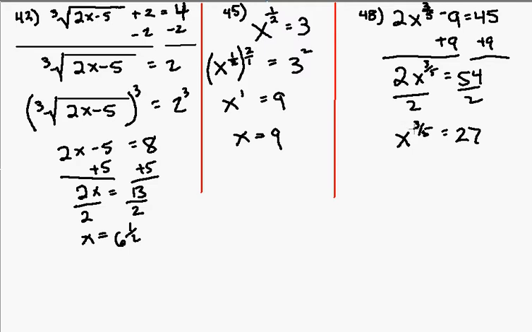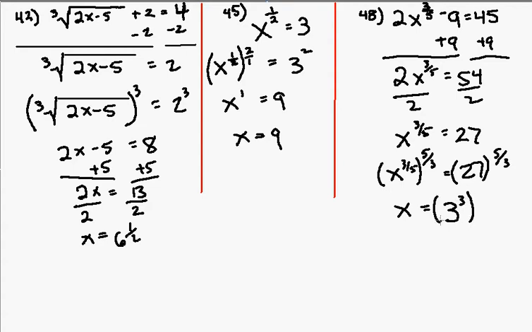And now the best thing to do is to raise this 3/5 to the 5/3 power. And what I do to one side of the equation, I do to the other. This just turns to x. I'm going to do a little trick here. 27 can be rewritten as 3 to the 3rd power.